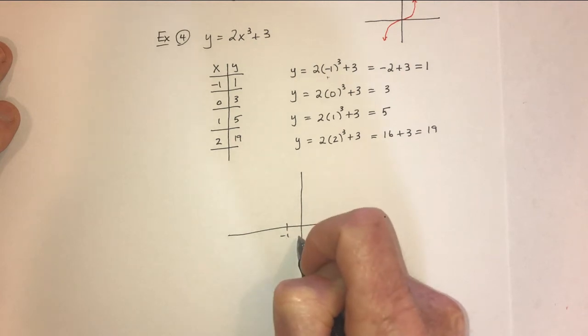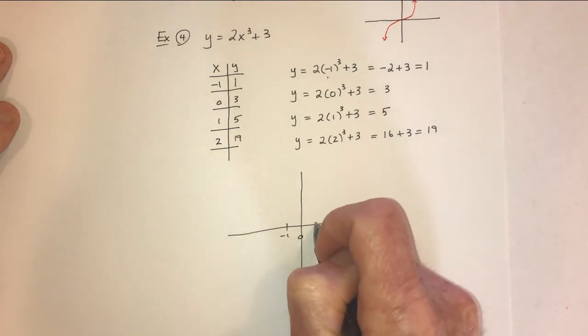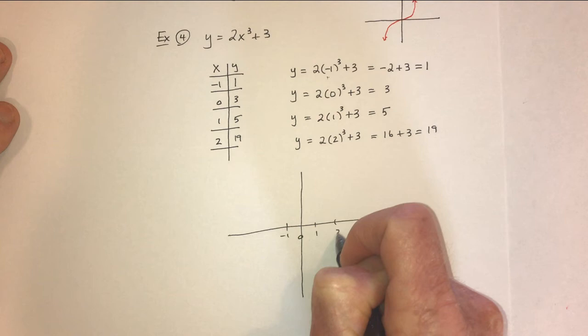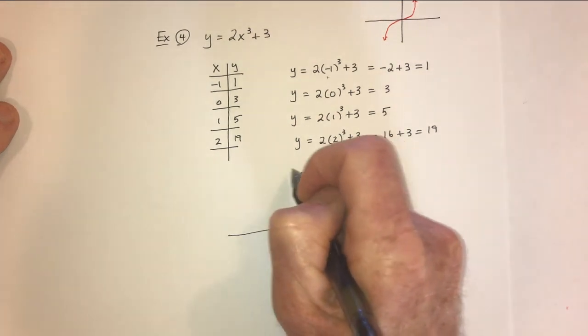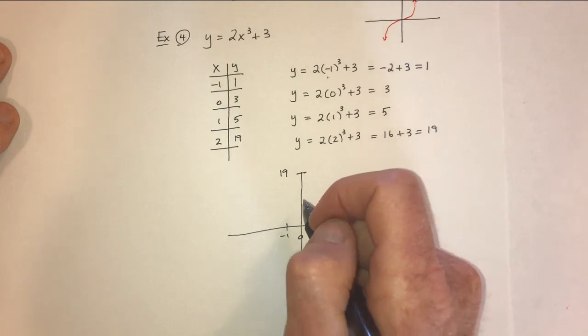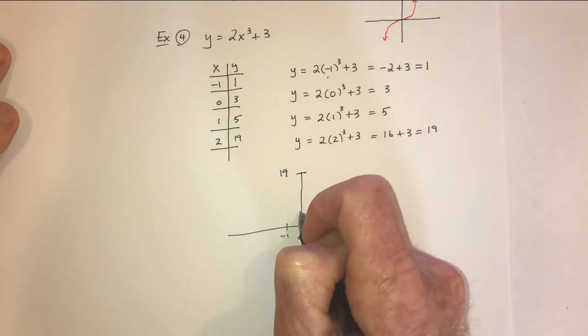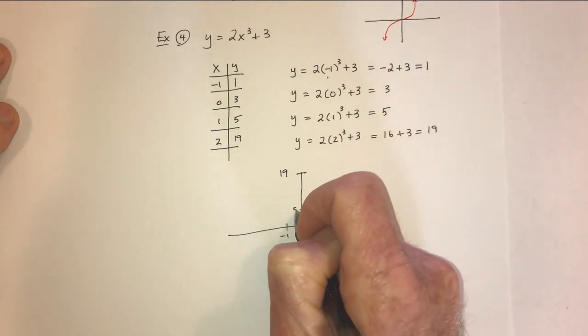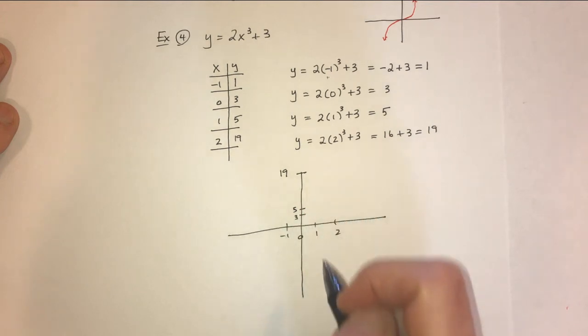So here's x-axis negative 1, 0, 1, and 2. And then this is going to have to be the 19. And let's see, so 5 would be down about here, and then 3 is about here.